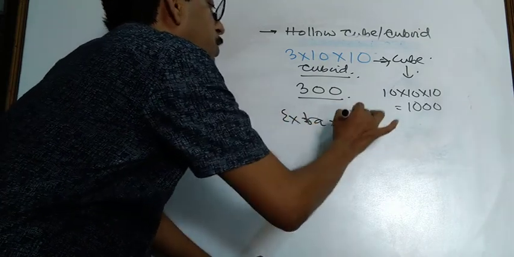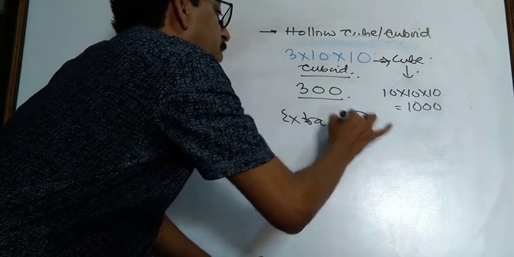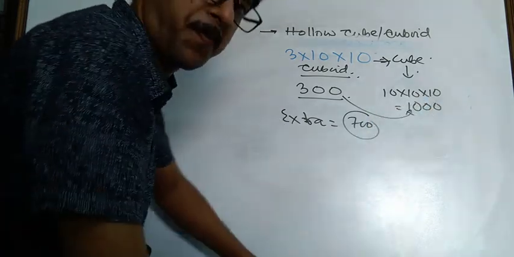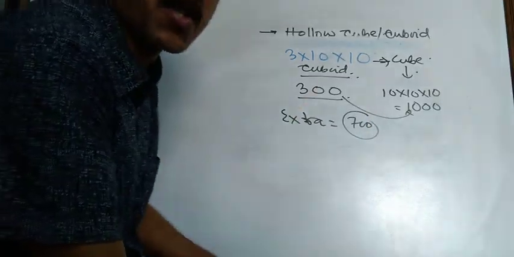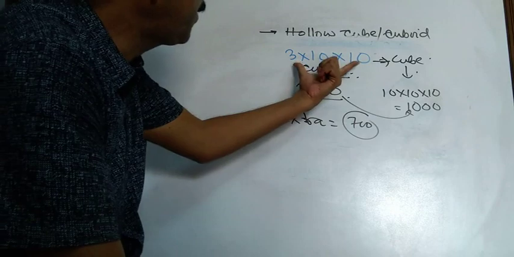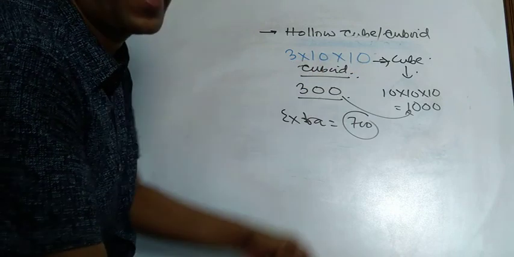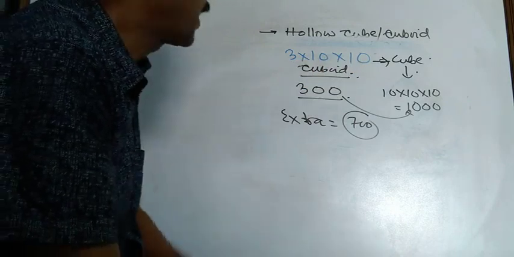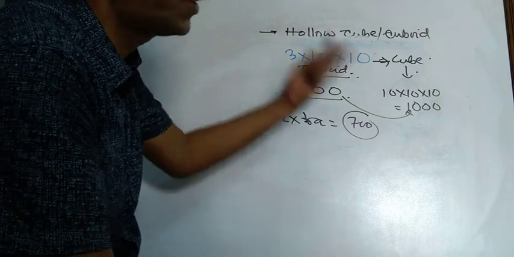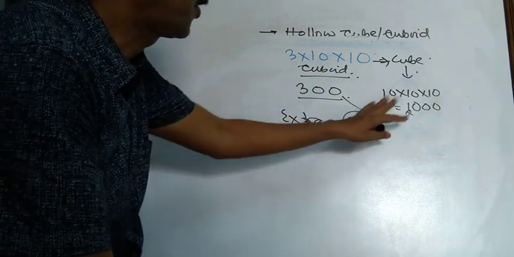Extra small cubes needed is 700, right? So these types of questions are also there, where you are given a cuboid structure and asked the minimum number of cubes required to convert that into a cube.